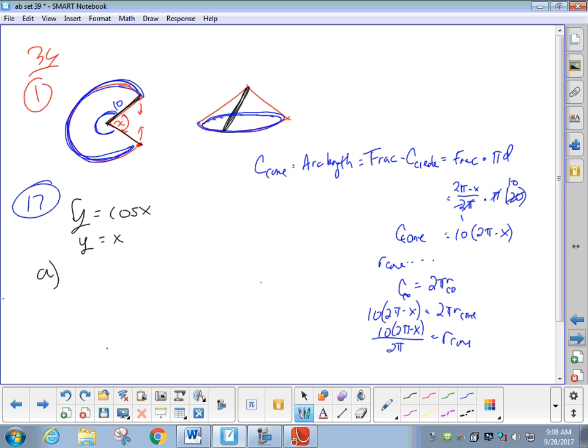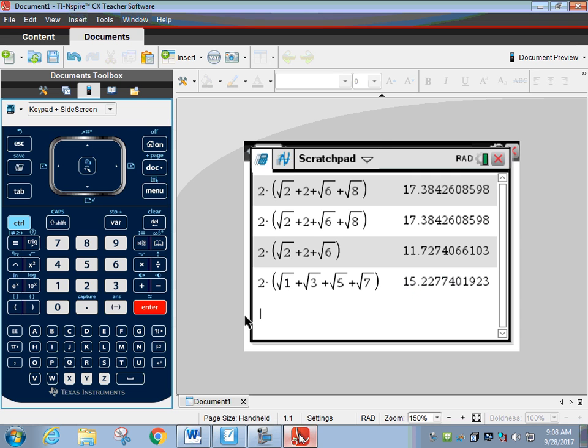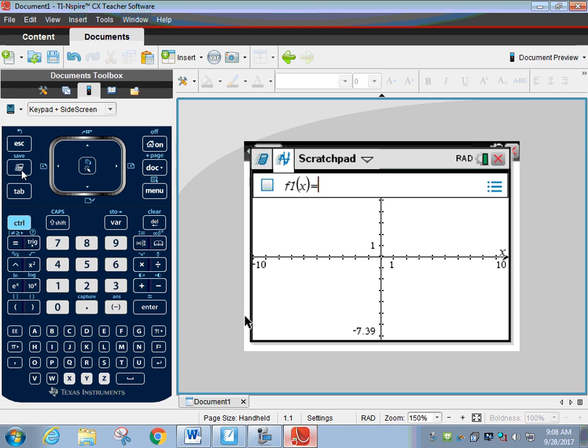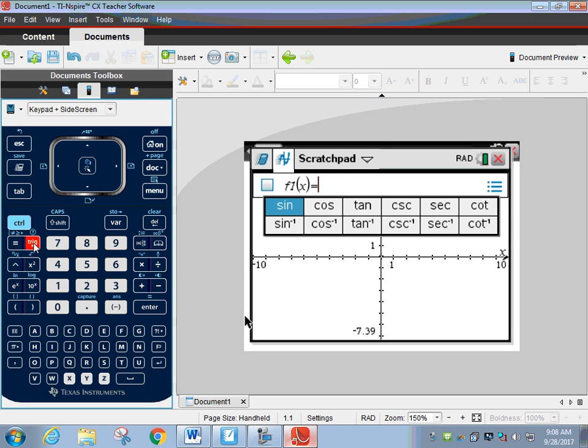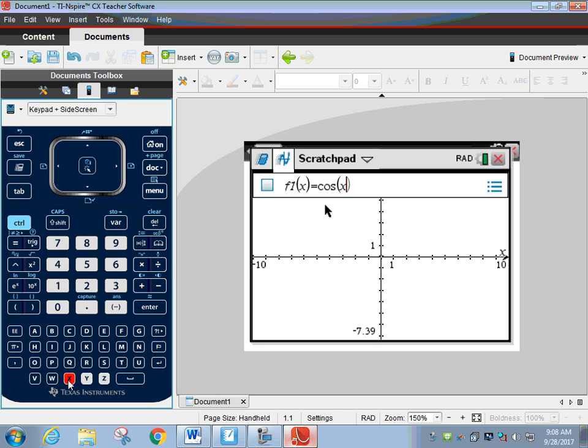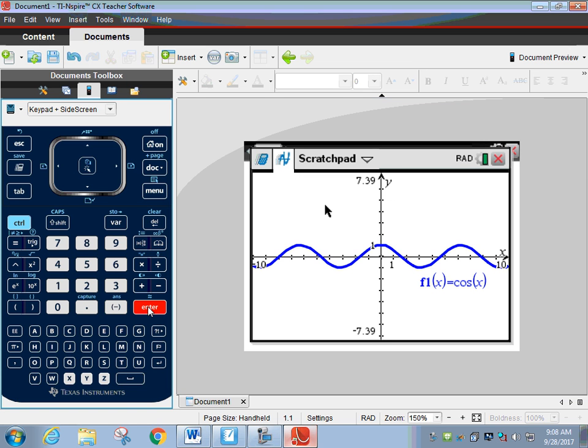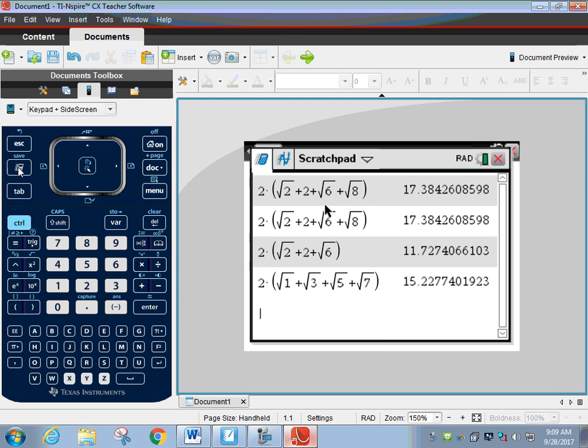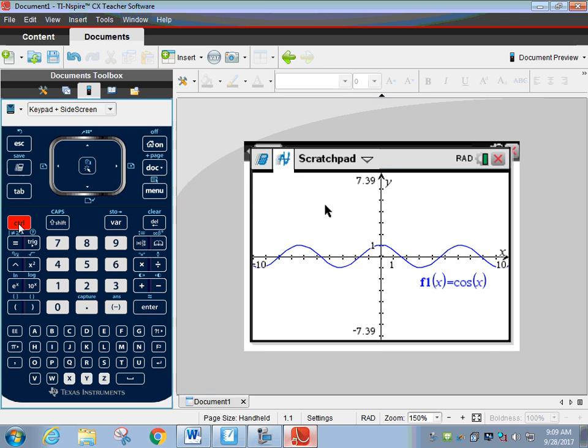Which are both. Okay. So you do need to be able to find intersections in your calculator. So go to your calculator and do cosine of x. Make sure it's in radians, first of all. That might have been an issue if you didn't get their answer. It might have been because you were in degrees. We don't do calculus in radians or degrees. We do it in radians.